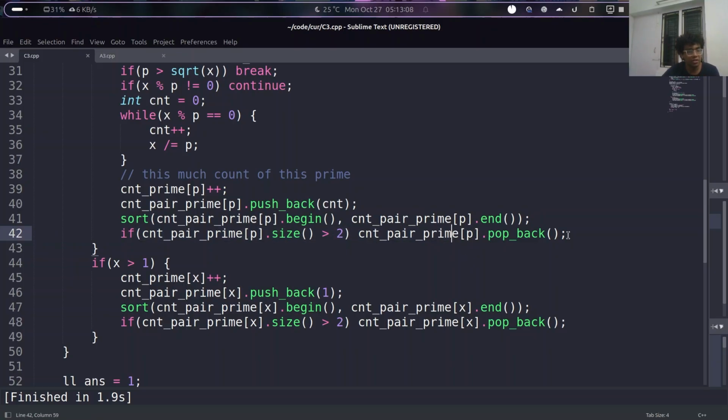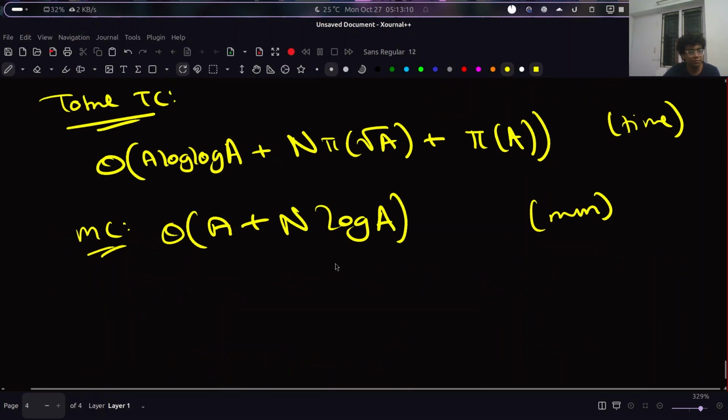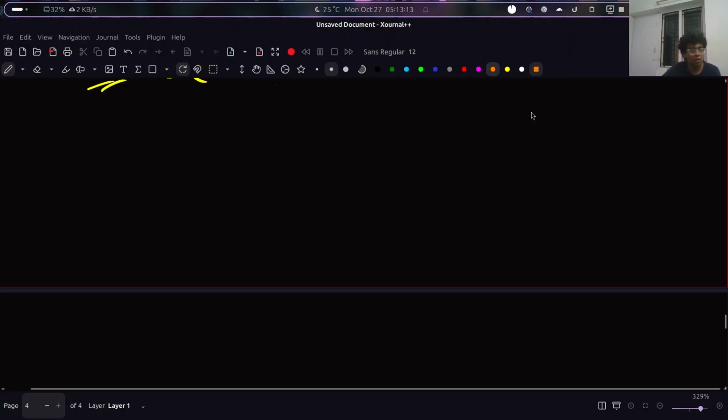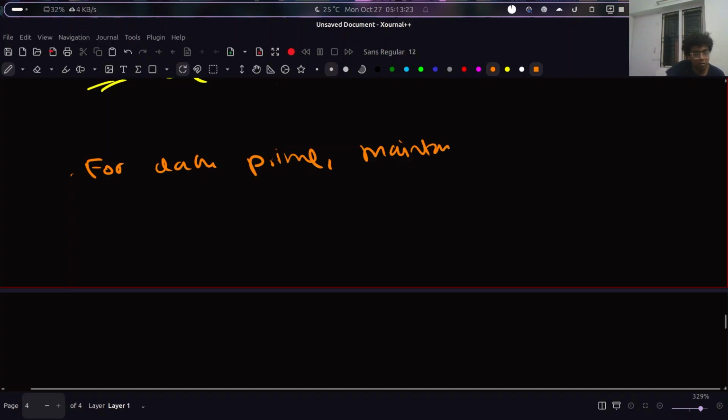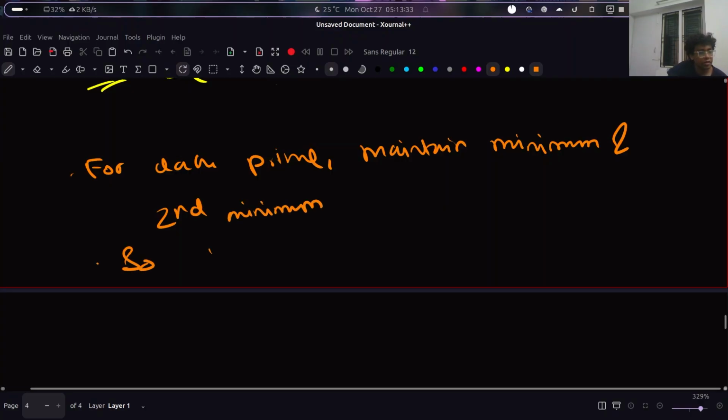So basically what we're doing here is, for each prime, we just need to maintain the minimum and second minimum, right? So we add these counts to the vector, a map of int to vector, and whichever are the minimum two, we keep, and the third one gets chopped off.